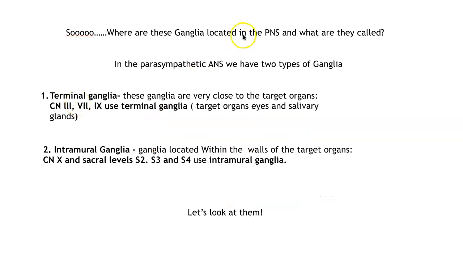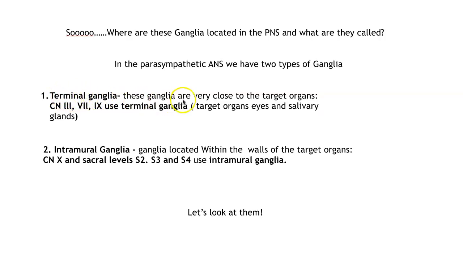So we keep talking about these ganglia that are located somewhere in the PNS. Number 1, what are they called and where are they? In the parasympathetic autonomic nervous system, we have 2 types of ganglia that you have to know. First one, terminal ganglia. What does that mean?